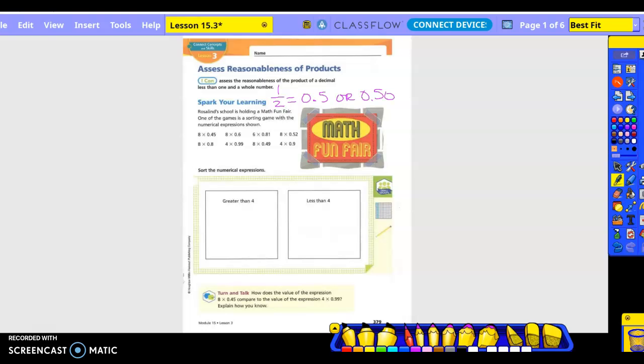So anything that is less than 5/10 or 50 hundredths is going to get us an answer less than 4, and anything that is more than or equal to would be greater. So 8 times 45 hundredths, which one would that go under? Less than. We'll put a little check mark saying that we did that one.